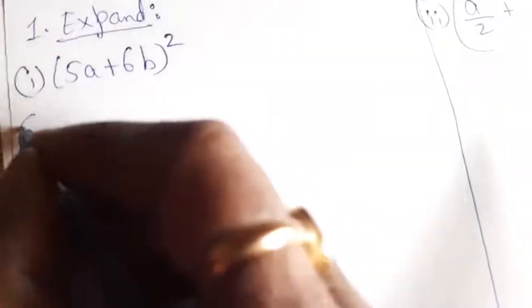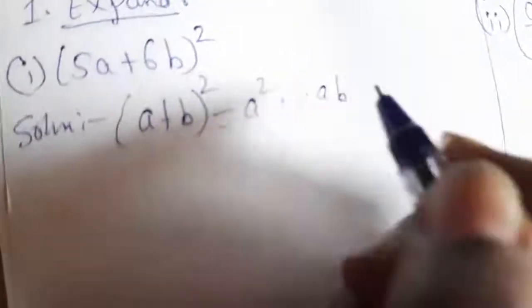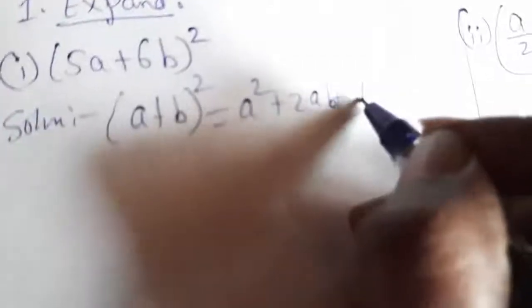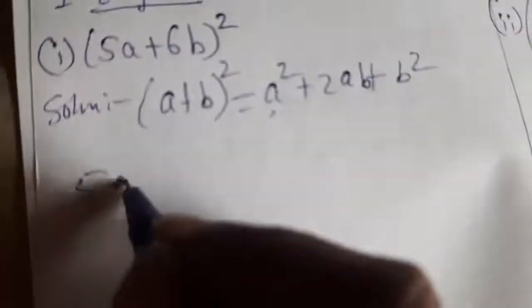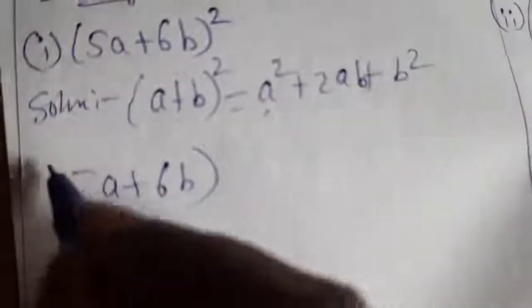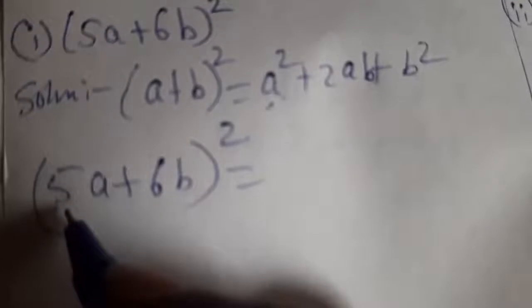Okay, let us solve 5a plus 6b the whole square. So we have to use the formula a plus b the whole square is equal to a square plus 2ab plus b square. So 5a plus 6b the whole square is equal to, a square means 5a the whole square. This is our a, children.